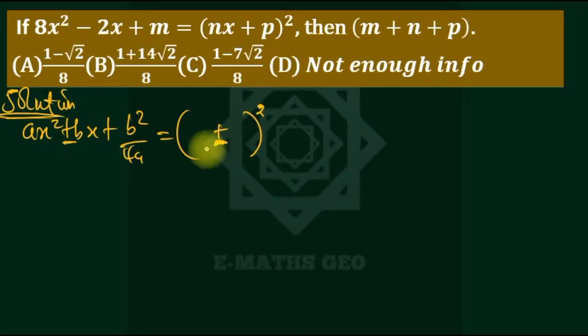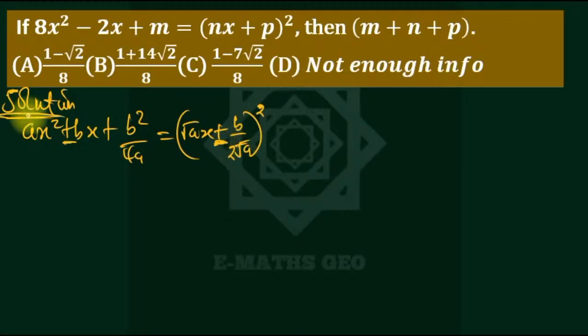The two values that will be here will be the square root of ax squared and the square root of b squared over 4a. So the square root of ax squared is root a x, while the square root of b squared over 4a is b over 2 root a. So that's the knowledge.